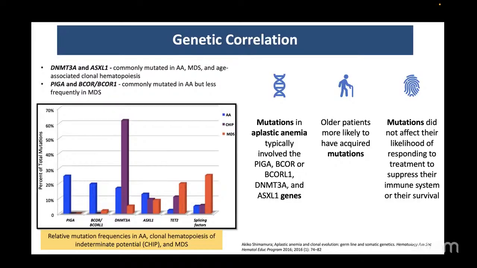PIGA, BCOR, and BCORL1 are commonly mutated in aplastic anemia, but not that frequently noticed in MDS. So there is a predominance of certain genetic mutations in aplastic anemia as against other diseases, and as age advances, patients are more likely to have more mutations.